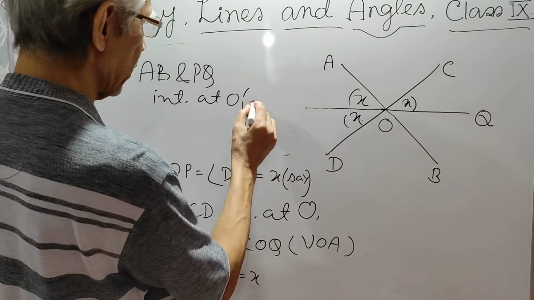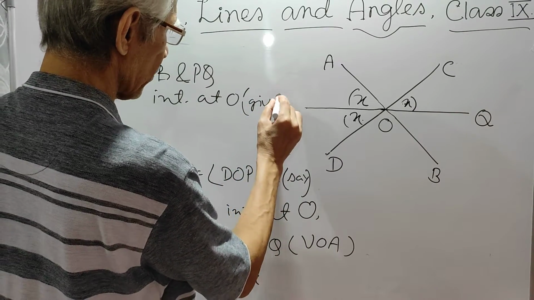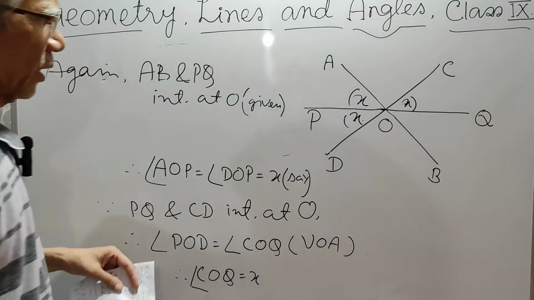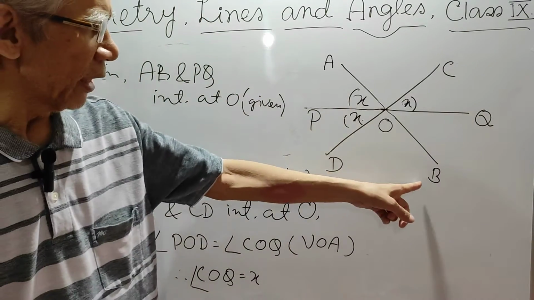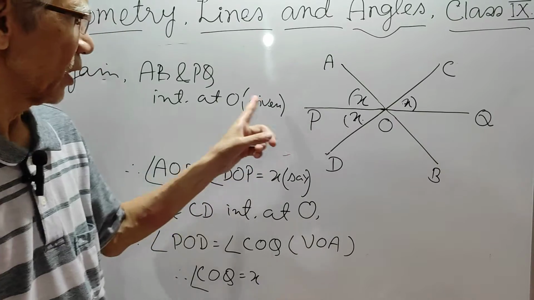So this point is P. AB and PQ intersect at O.